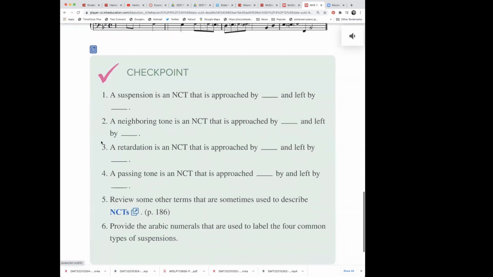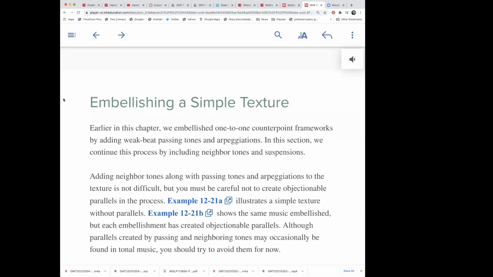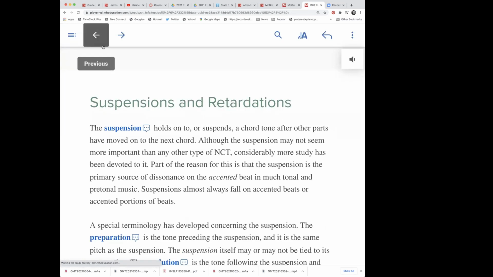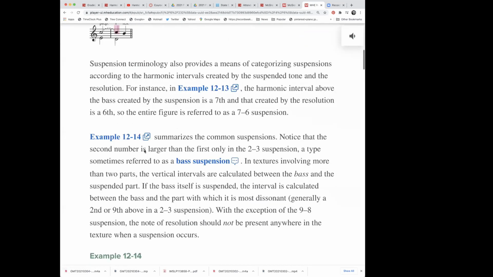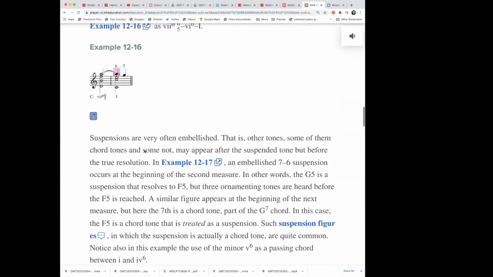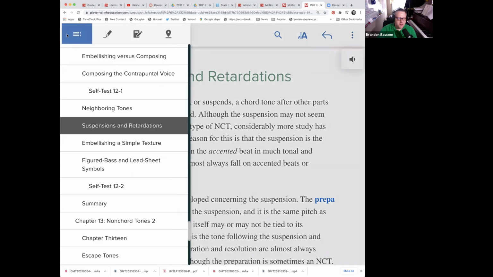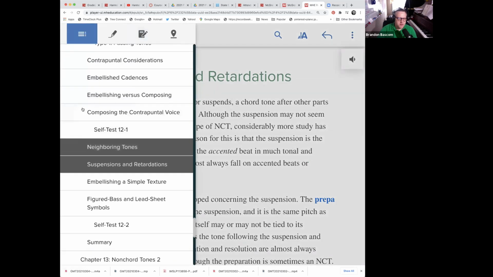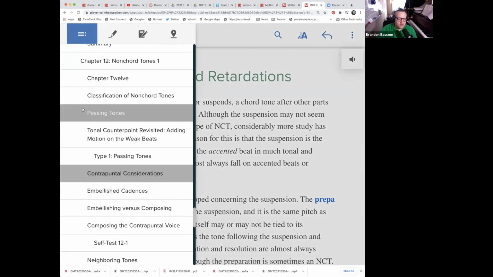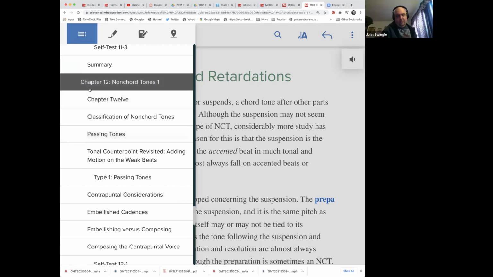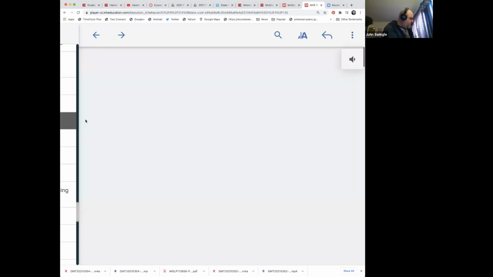I think some of us know what they are, we just don't remember how the book puts it, because it's so wordy. Was that in this chapter? I thought we just had the passing and neighbor tones. It's in the chart. I have the screenshot of it.